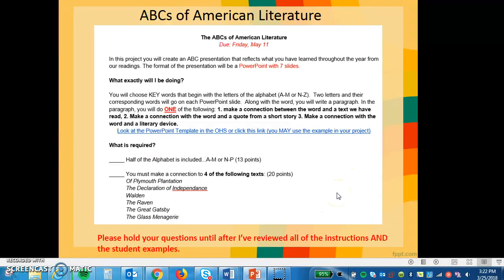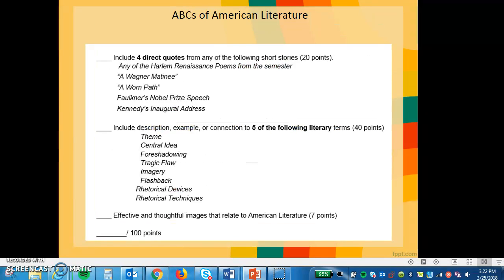All right, let's look at the second slide. You must include 4 direct quotes from any of the following: any of the Harlem Renaissance poems from the semester, A Wagner Matinee, A Worn Path, Faulkner's Nobel Prize speech, or Kennedy's inaugural address.